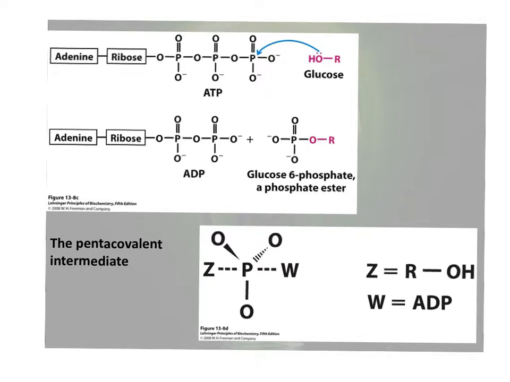So what class of enzymes can do this reaction? What class of enzymes would be doing this right here? Kinase. No, it's a kinase. Why is it not a phosphorylase? It's using ATP, so it's a kinase. What kinase would be doing it?